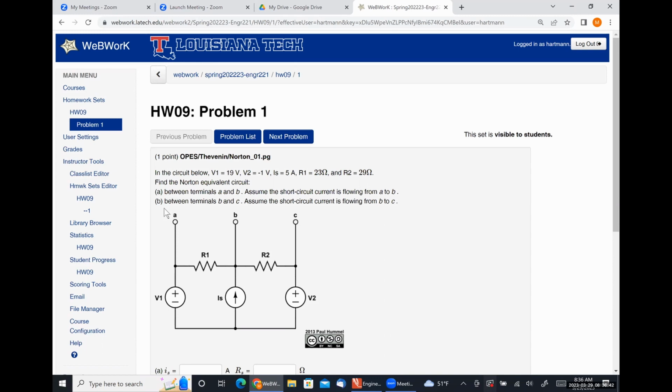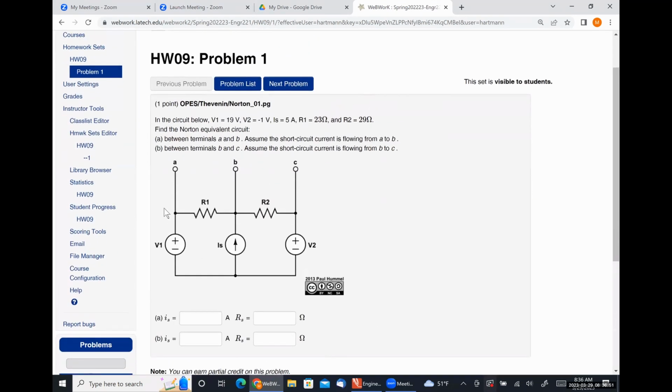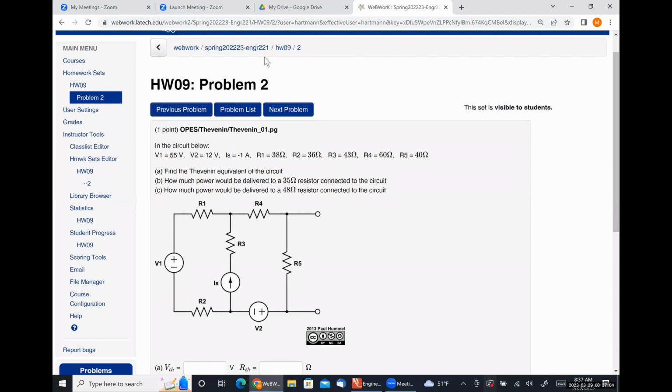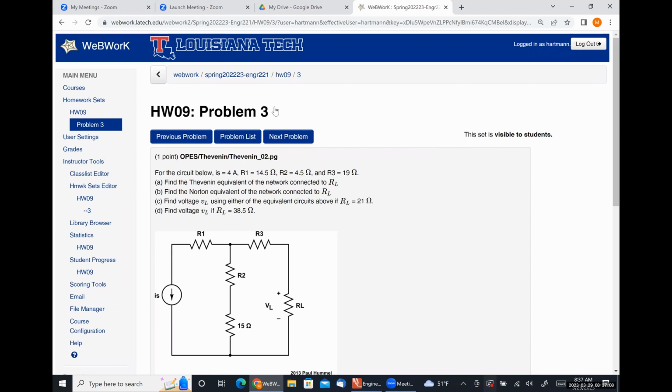You're asked to find the Norton equivalent circuit, and you're told the current is flowing from A to B and flowing from B to C. I think I rewrote that because it was very unclear earlier. This one isn't particularly difficult. Find the Thevenin equivalent and then use simple power relationship. That's not particularly bad. Nothing really wild or crazy here.